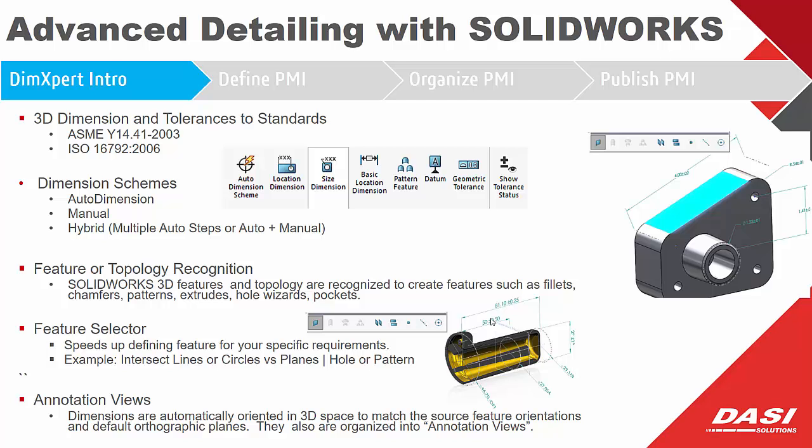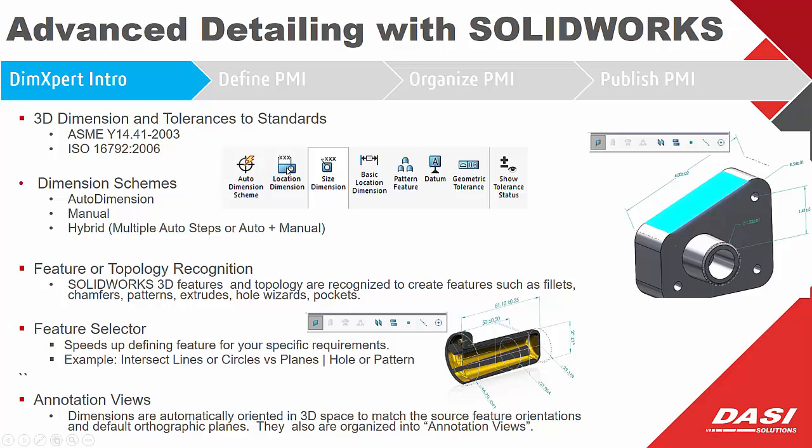DimXpert is the tool that allows us to create the standardized dimensions for ASME Y14.41 for manufacturing. There's a toolbar on top of SOLIDWORKS where the DimXpert tools are available.